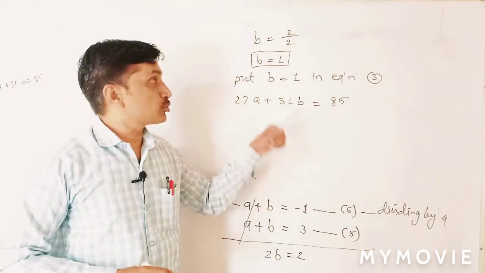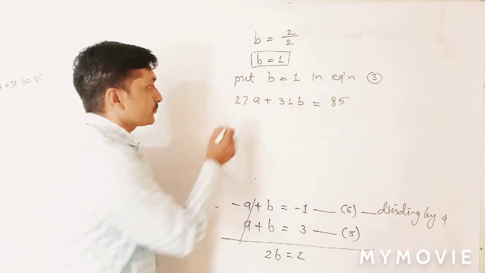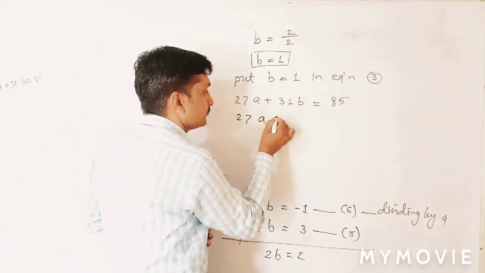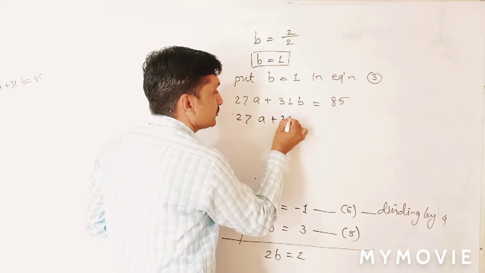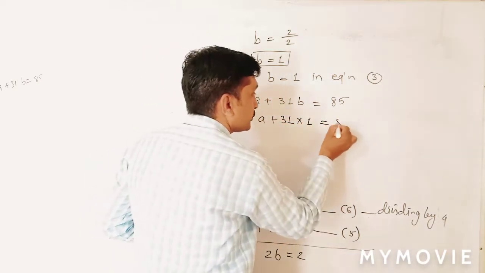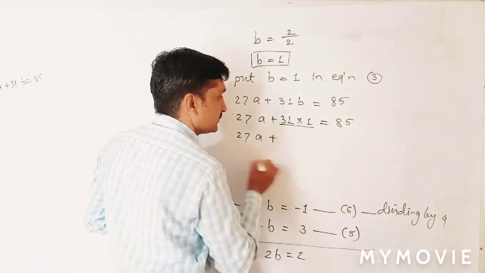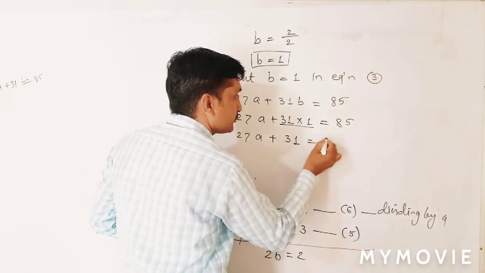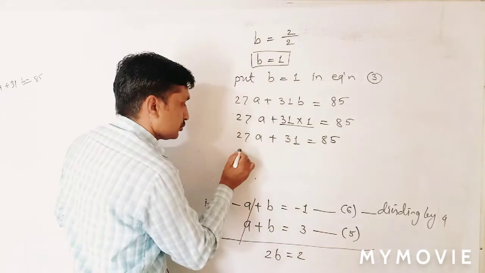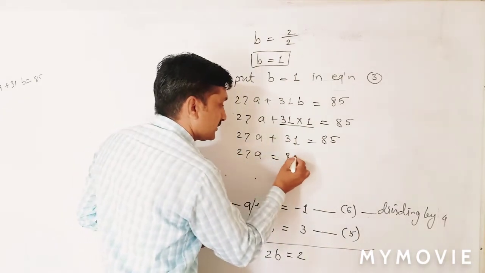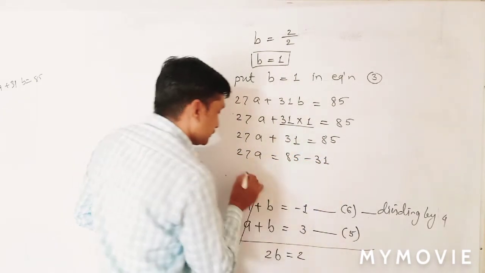In this equation we have to put the b value, we get a. 27a plus 31 multiplied by 1 is equal to 85. 27a plus 31 ones are 31 is equal to 85. 27a is equal to 85 minus 31.